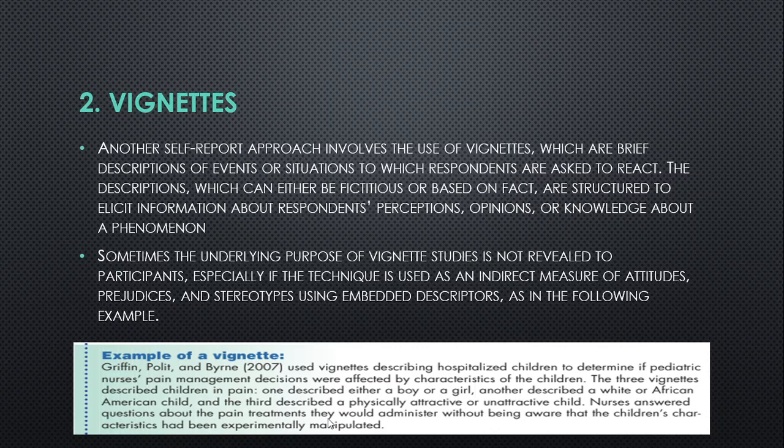One describes either a boy or a girl, another describes a white or an African American child, and the third describes a physically attractive or unattractive child. Nurses answered questions about the pain treatments they would administer without being aware that the children's characteristics had been experimentally manipulated.